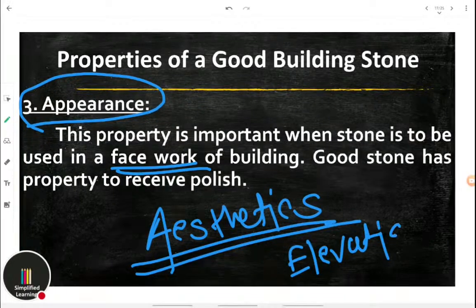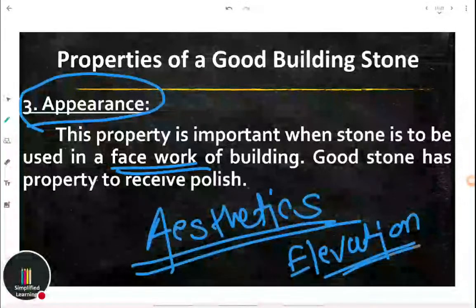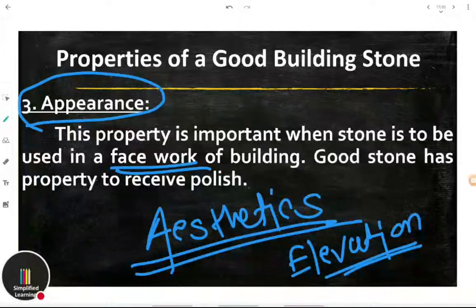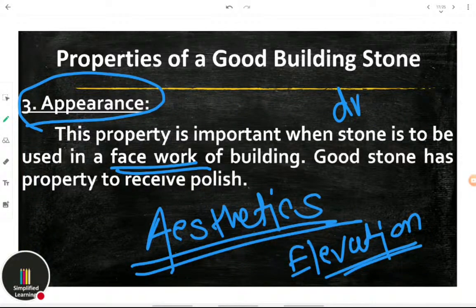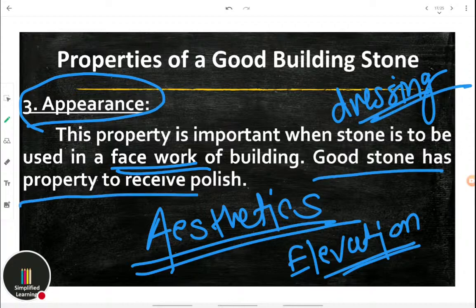When the stone is meant to be used in elevation, it should look good. And for a stone to look good, what are the desired properties? It should be dressable; it should receive good dressing. Dressing means the ability of a stone to receive polish, to receive shape, to receive some specific design over it. A good stone has a property to receive polish.